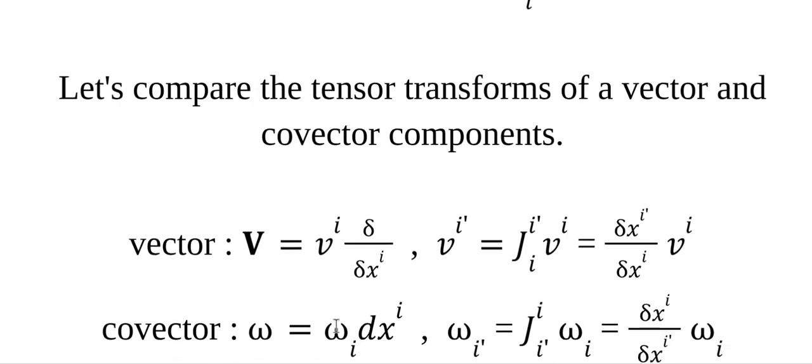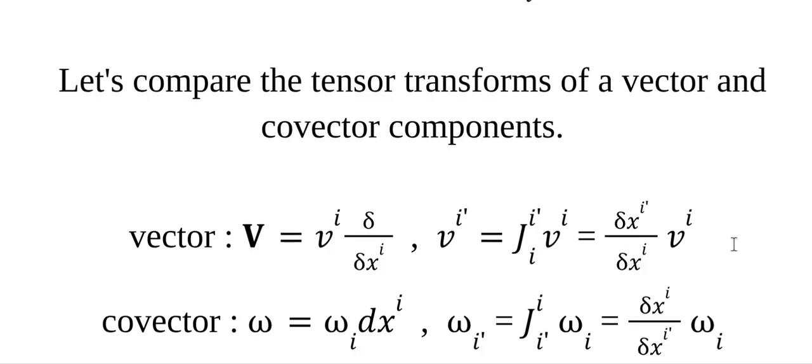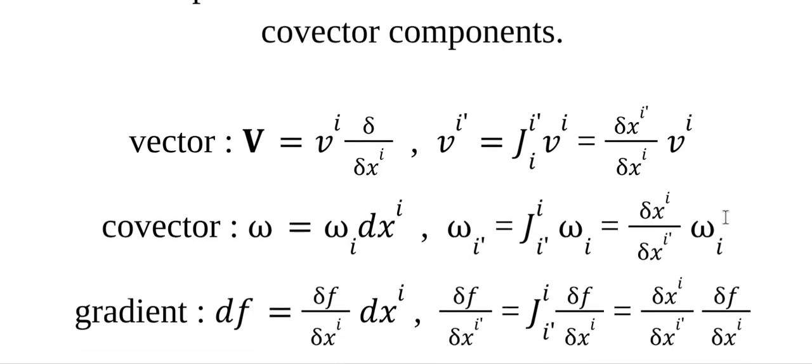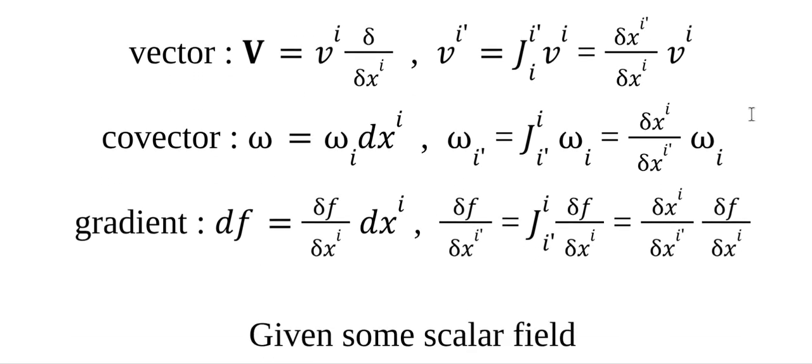Well, its components have a covariant index, right? So this is your free index now, which means this is your Jacobian factor. Well, look at that. That is exactly the opposite of that, right? It's the inverse. And what about the gradient that we're trying to define? What about its component? Well, if you look at this, it has exactly the same transform rules as the covector. So it is a covector. This d acting on f, which we're going to talk about later, is called the exterior derivative. So the gradient is a one form.